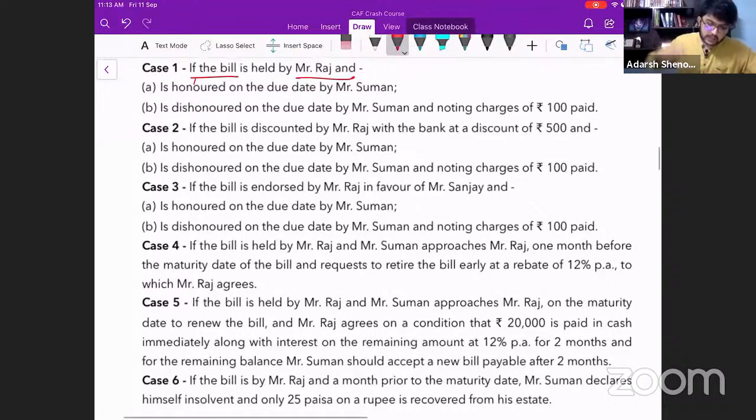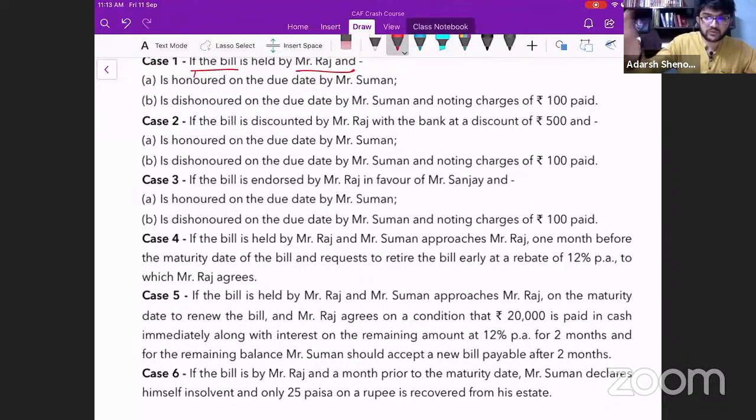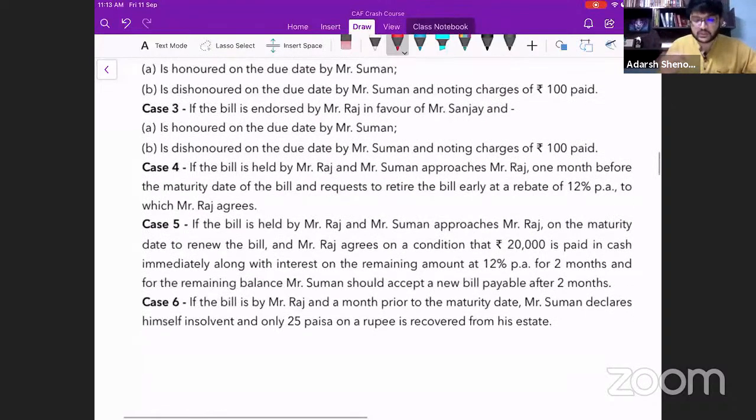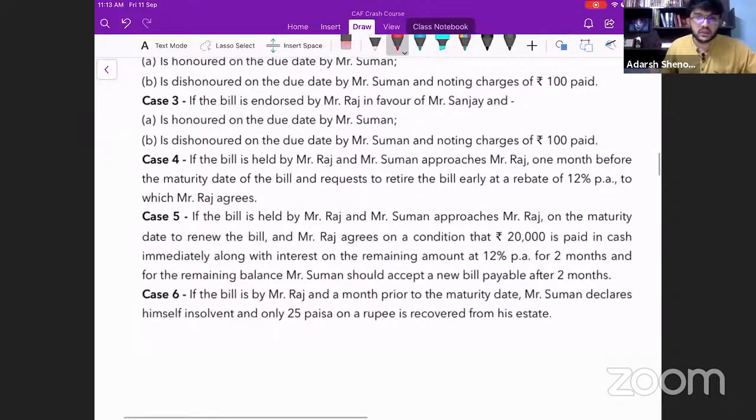Case 3, the bill is endorsed by Mr. Raj in favor of someone, so endorsement is there. Case 4, if the bill is held by Mr. Raj, kept in his cupboard, and 1 month before the maturity date, Suman approaches Raj and requests him to retire the bill early. The retirement of a bill concept is also covered.